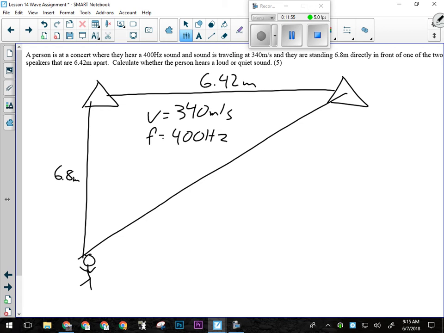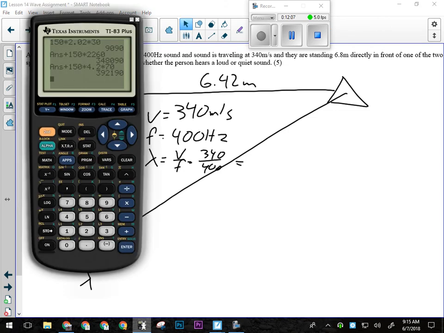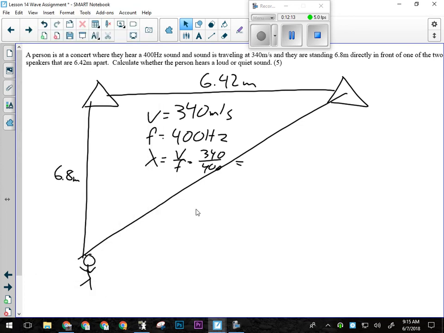So first thing we need to find is the wavelength. Wavelength will be v over f, so that'll be 340 over 400 hertz. So we've got 0.85 meters as our wavelength.